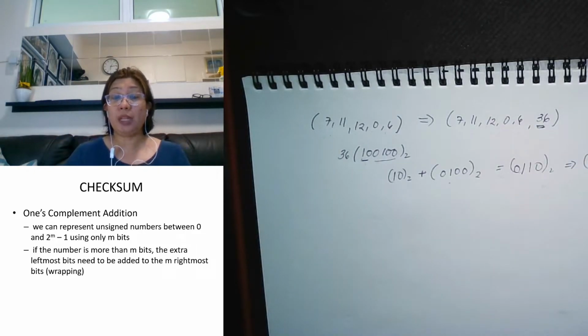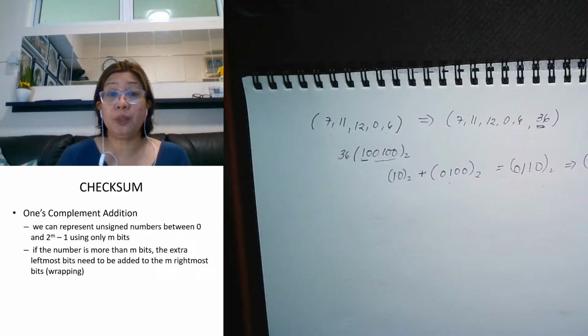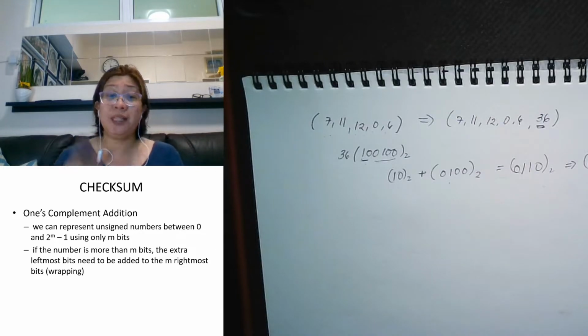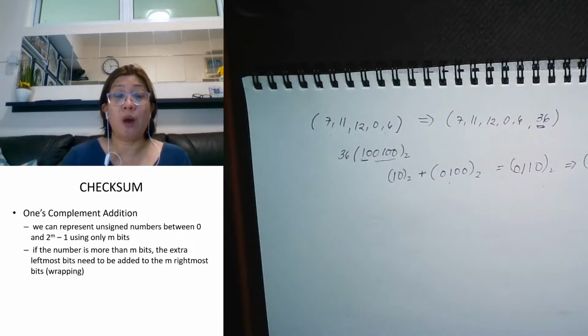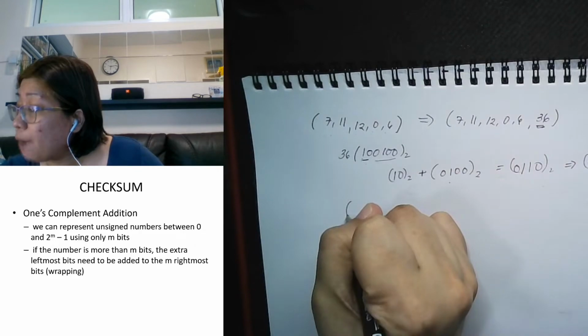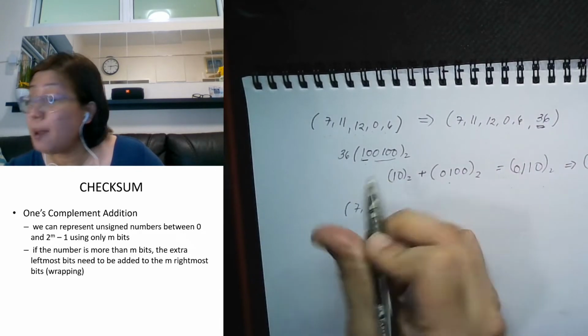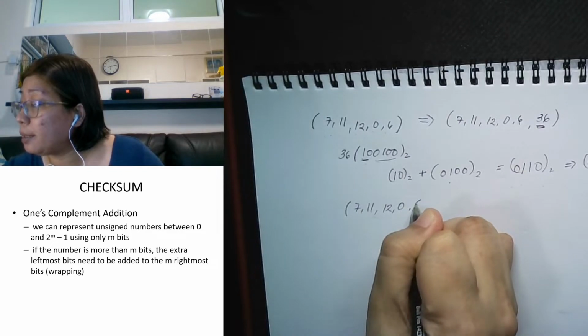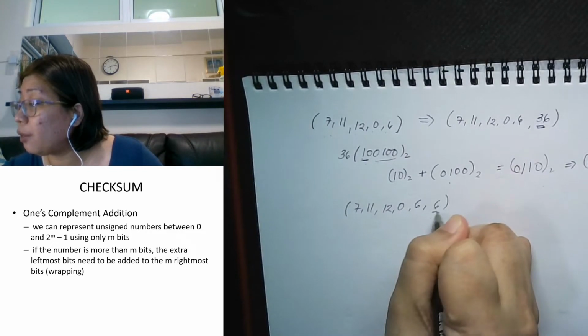So it is already represented in 4 bits. Instead of sending 36 as the sum, we can send 6 as the sum of 7, 11, 12, 0, and 6. Therefore, we send the message 7, 11, 12, 0, 6, and then another 6.